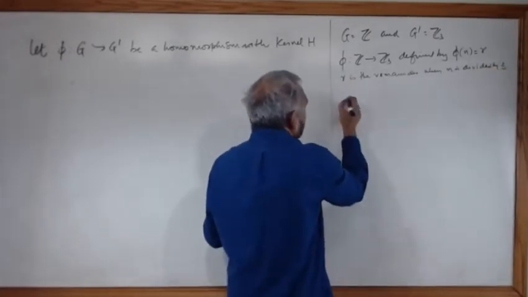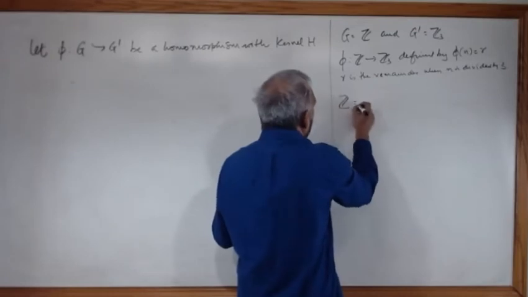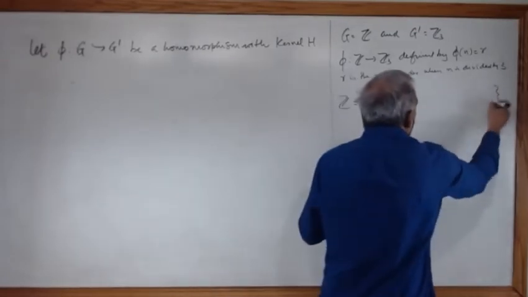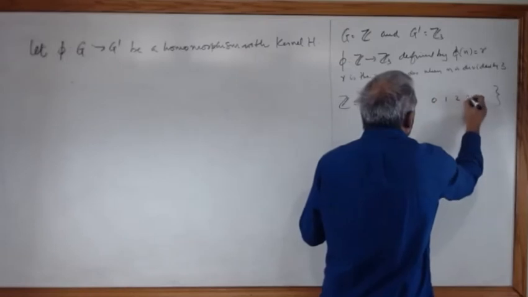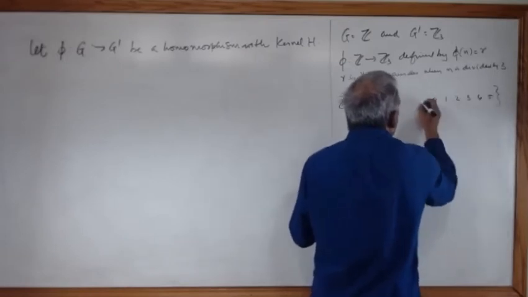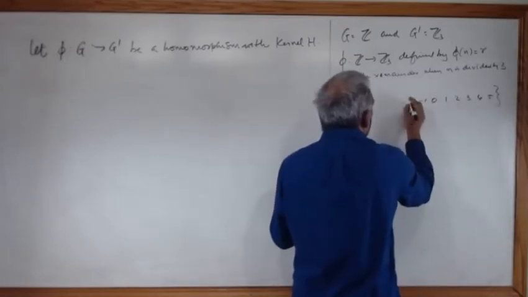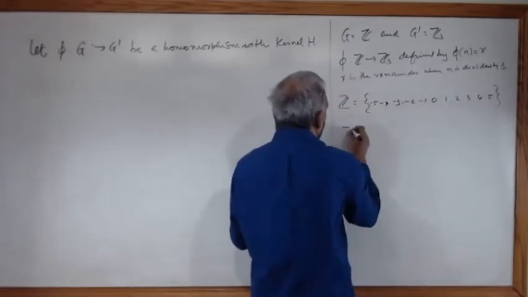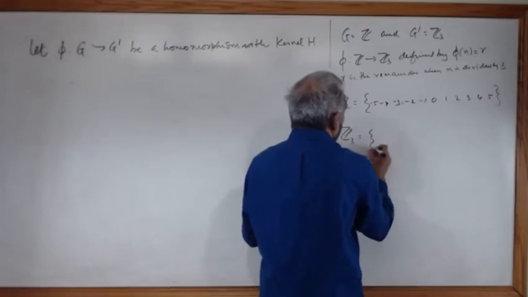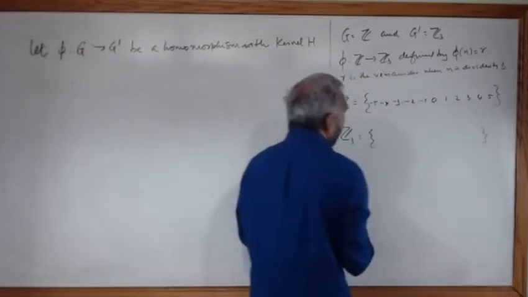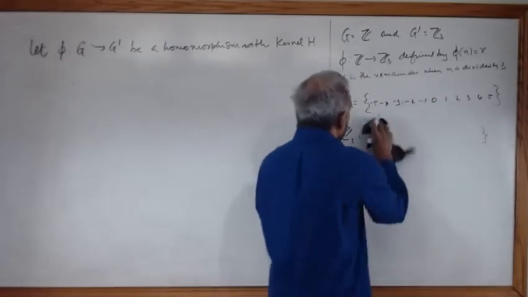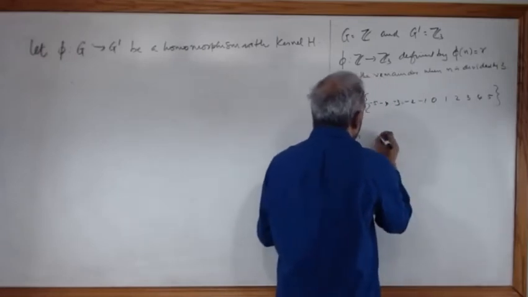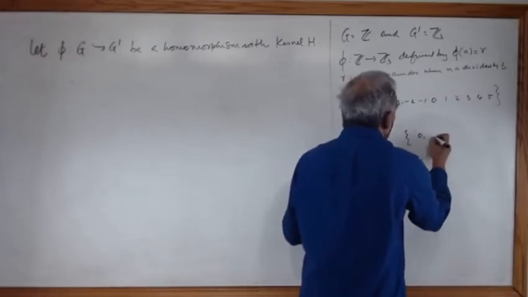So the example is going to be like this. Z is equal to 0, 1, 2, 3, 4, 5, minus 1, minus 2, minus 3, minus 4, minus 5. And Z3 is going to be much smaller than this, equal to 0, 1, 2.